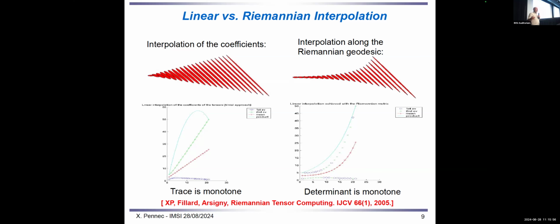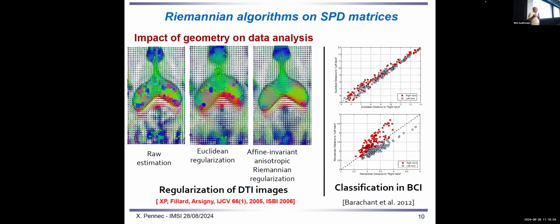For instance, the trace is monotone with the Euclidean metric, while the determinant is monotone with the affine invariant metric. These are the type of things that may be important to investigate on your data. Does it make sense to have this type of monotonic interpolation? It had a big effect on, for instance, the processing of DTI images. But it was also shown that it could make a big difference, for instance, in classification of brain-computer interface or BCI signals, for instance, in the paper of Barachant.